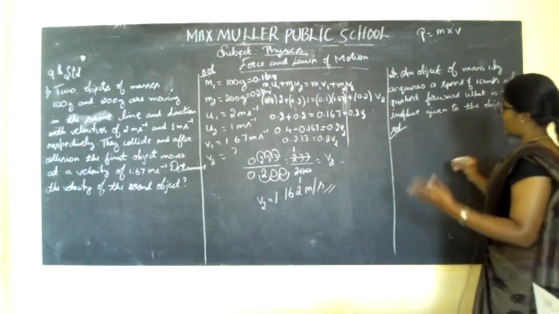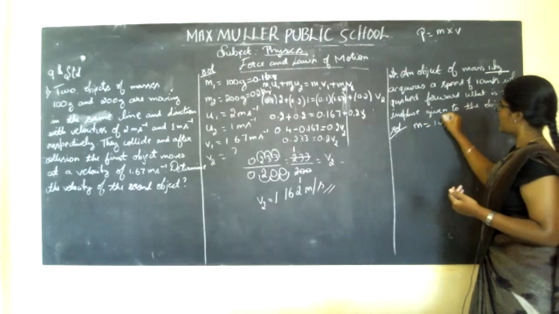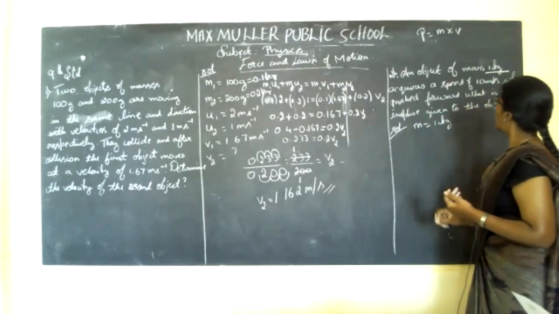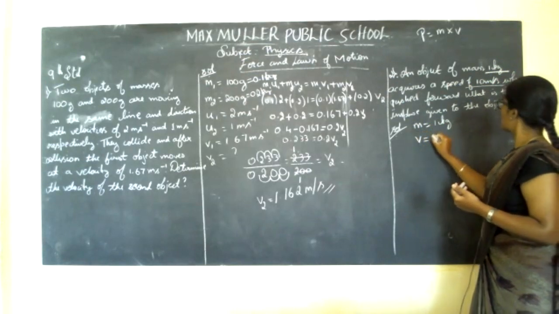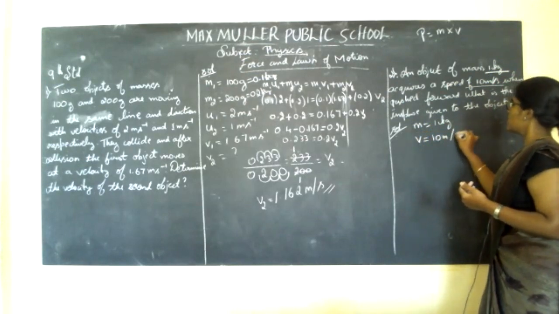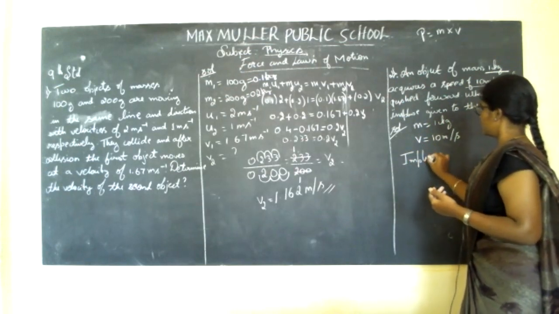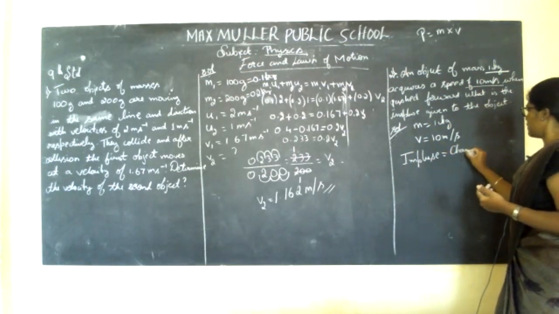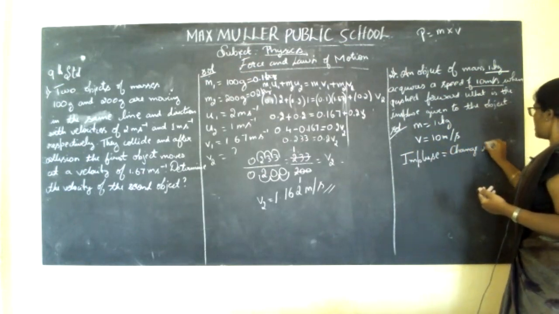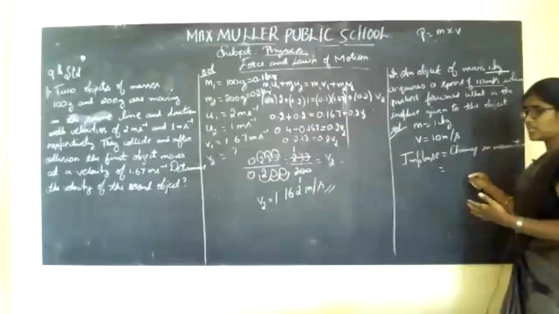Now, solution. What is the solution? And let me write mass. What is the mass given here? 1 kg. Then, what is the speed of an object when it is pushed? That the speed v is equal to 10 meter per second. Then, impulse will be equal to change in momentum. So, what is change in momentum?